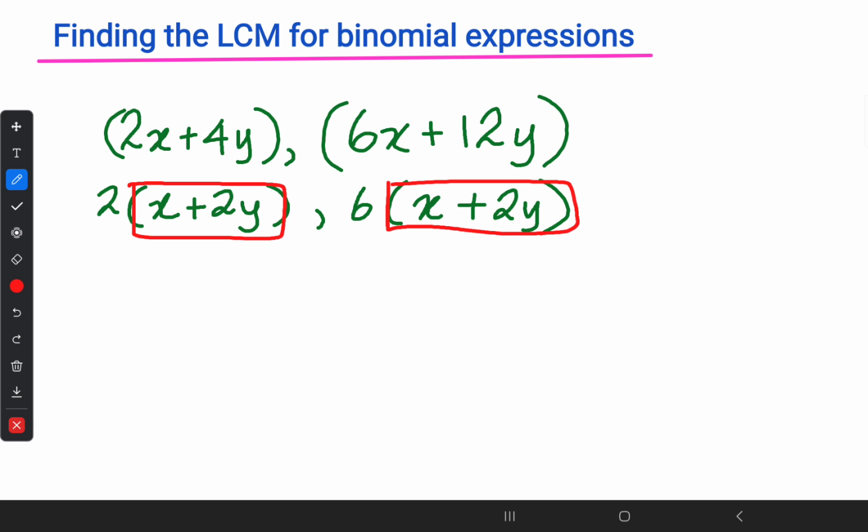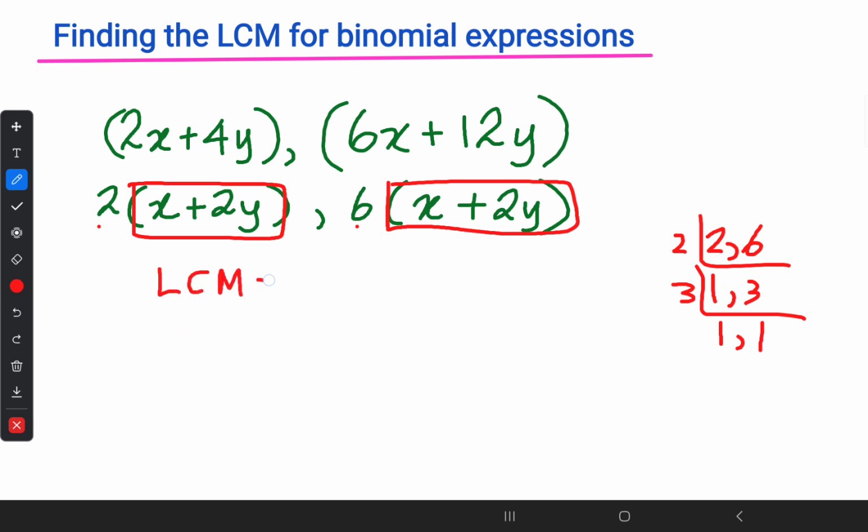As usual, you should find the LCM for 2 and 6 separately. How can we find that? Divide by 2, then by 3, and we get 1, 1. So the LCM for these two numbers is 6. Both have the same expression, x plus 2y, so we can directly write it once.